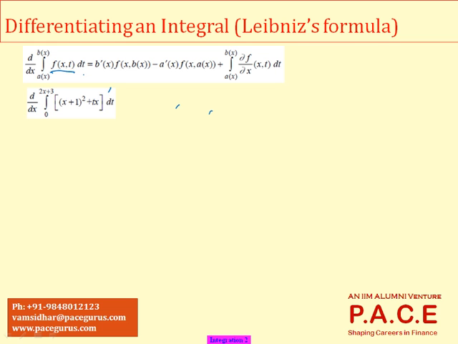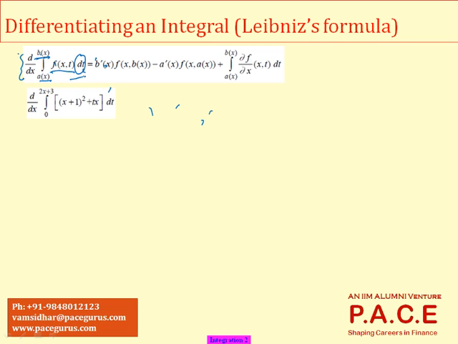We are talking of two variables, f of x comma t, and the integration is with respect to t, not with respect to x, and the limits are in terms of x. Whenever you have such a scenario and you have to find the derivative with respect to x, these are the conditions.